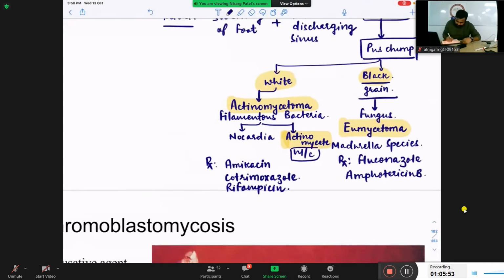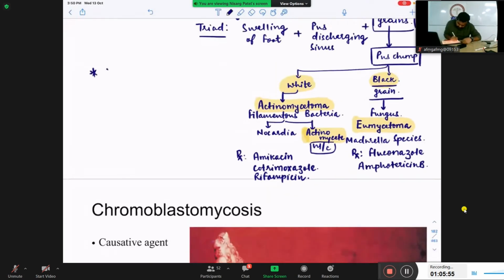Apart from this, one important MCQ they ask is of botryomycosis. Sometimes students get confused and answer fungus. But remember, it is a misnomer.